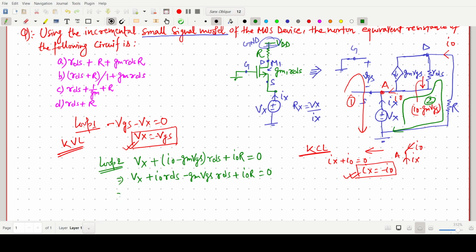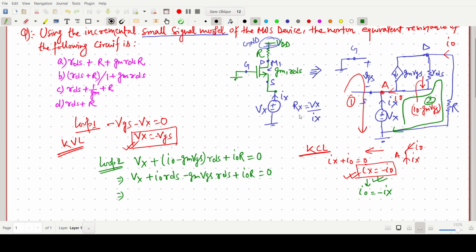After that, instead of I naught, we can write minus Ix.